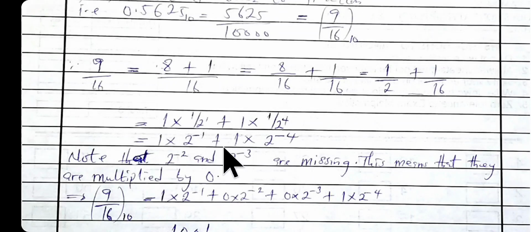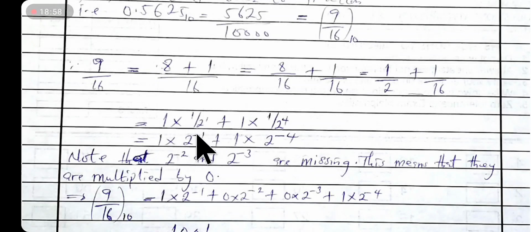Okay, so now this is the same thing as 1 times 2 raised to power minus 1. 1 over 2 raised to power 1 is the same as 2 raised to power minus 1, because the minus takes care of the 1 over.